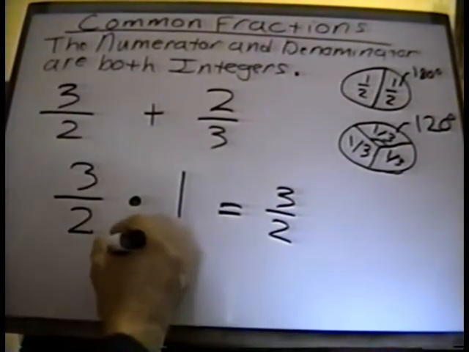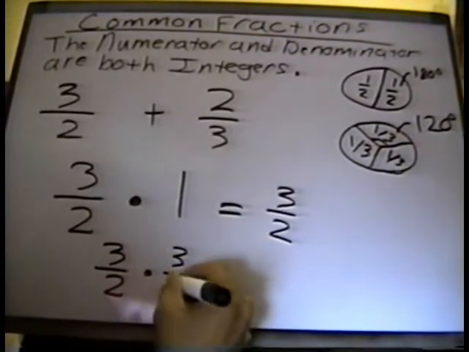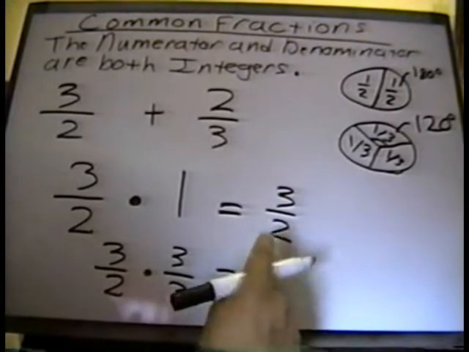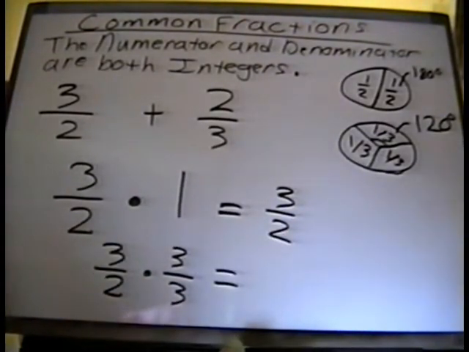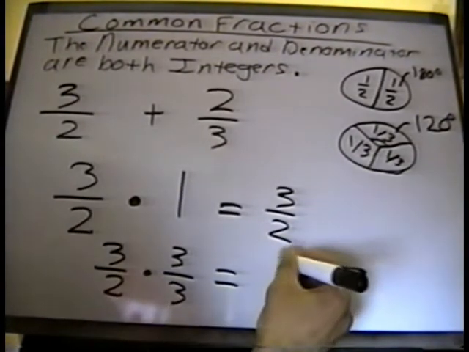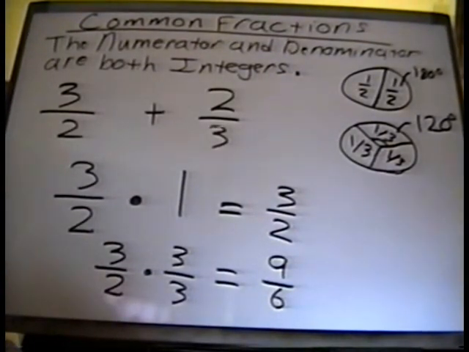Okay? So if I multiply 3 over 2 times 3 over 3, that's going to give me an equivalent result. It's not going to look the same. It's going to be 9 over 6. 3 halves is equivalent to 9 over 6. Okay?